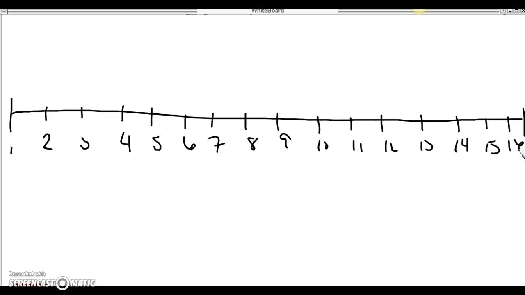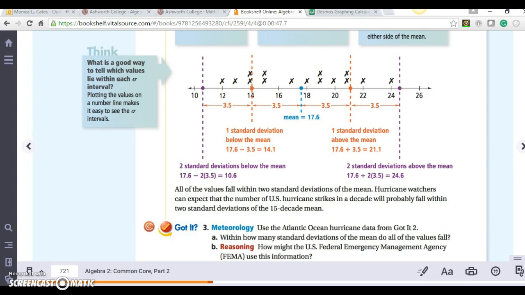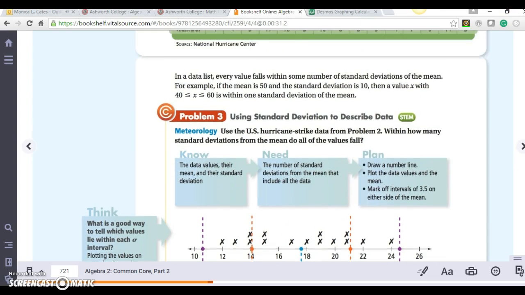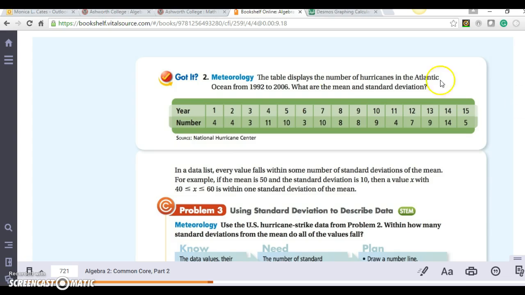Okay, and from my data, I know that there were 2 3s, there were 3 4s, and let me just show you what I'm referring to. When I'm looking at the number of hurricanes, there were 3 within a year.